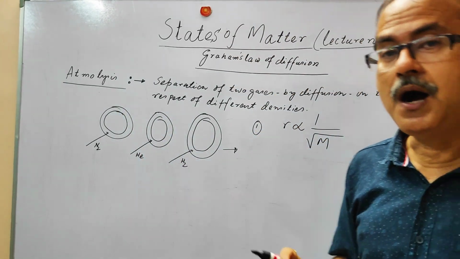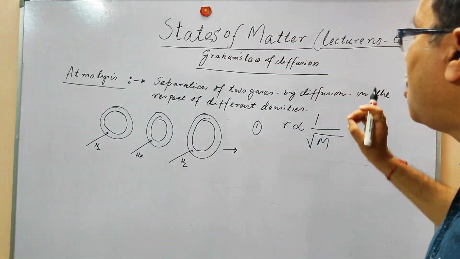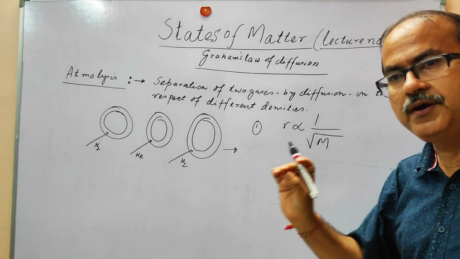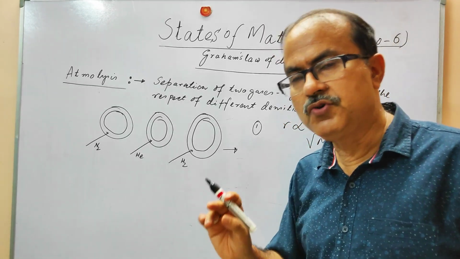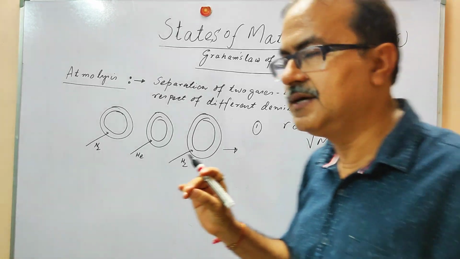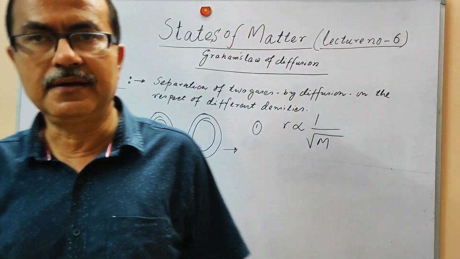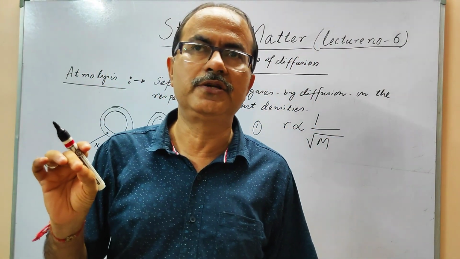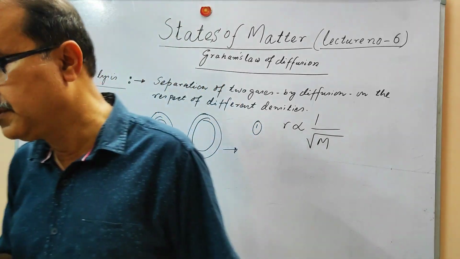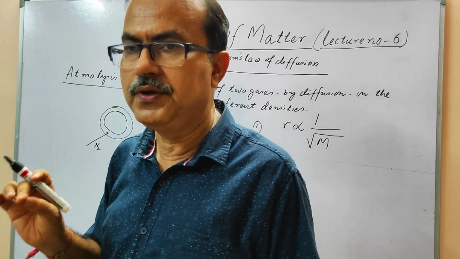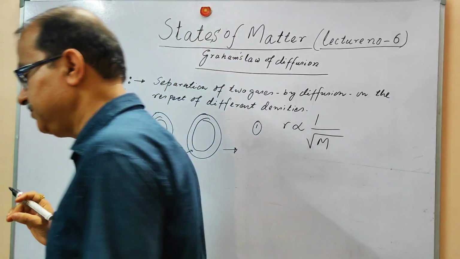So we understand how Graham's law of diffusion is going to help us. This type of question will come. One question that I quote came in your exams, AIEEE, and from this you can understand how important this chapter is.